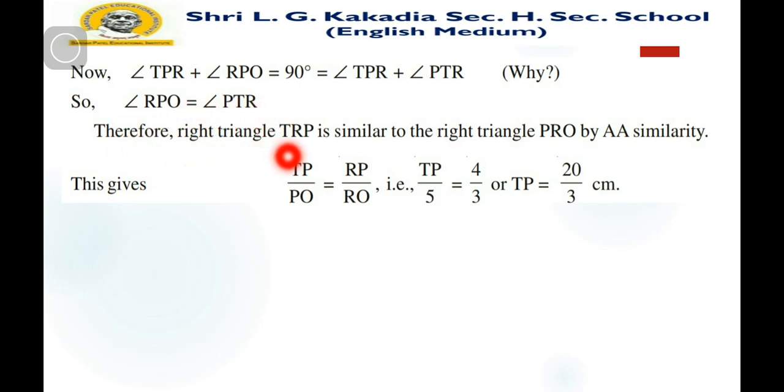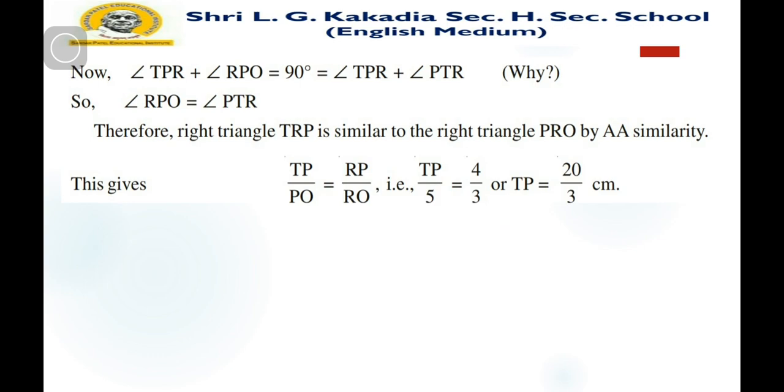Therefore, right triangle TRP is similar to right triangle PRO by AA similarity. So TP over PO equals RP over RO. PO is 5, RP is 4, and RO is 3. Hence TP is equal to 20 upon 3 centimeters.